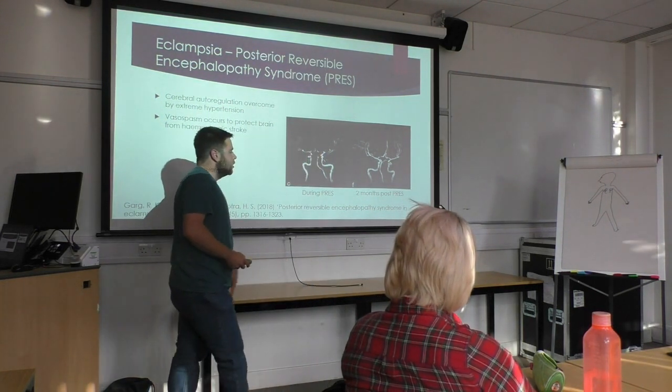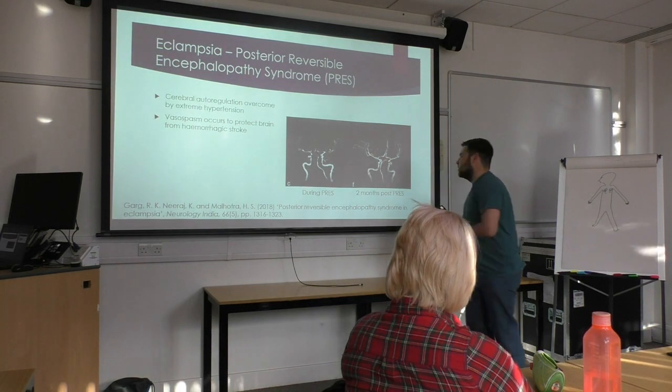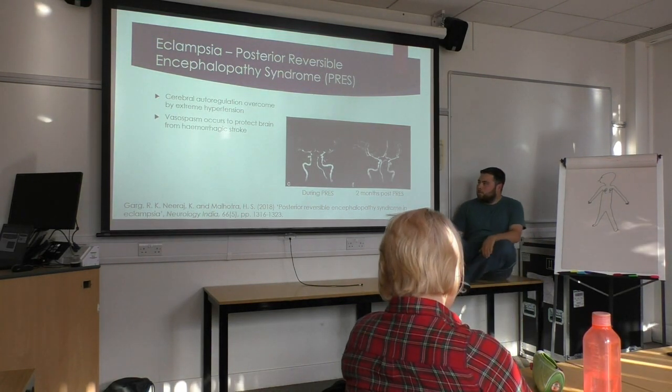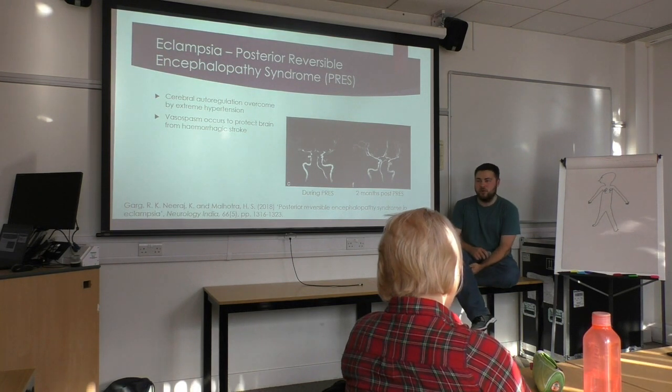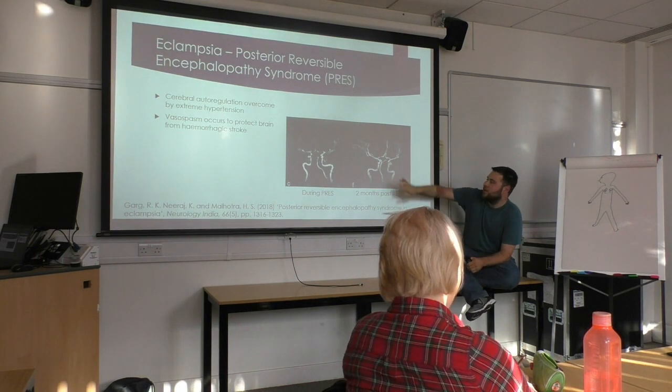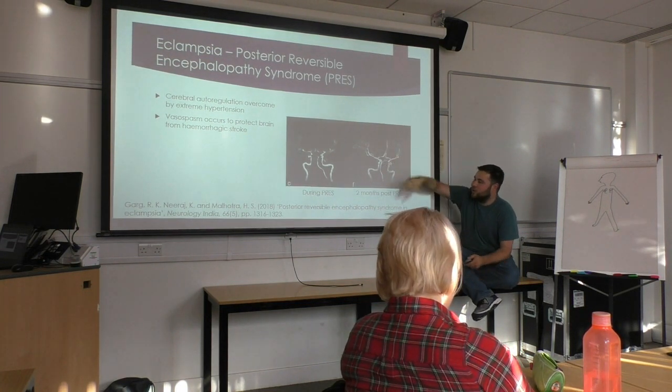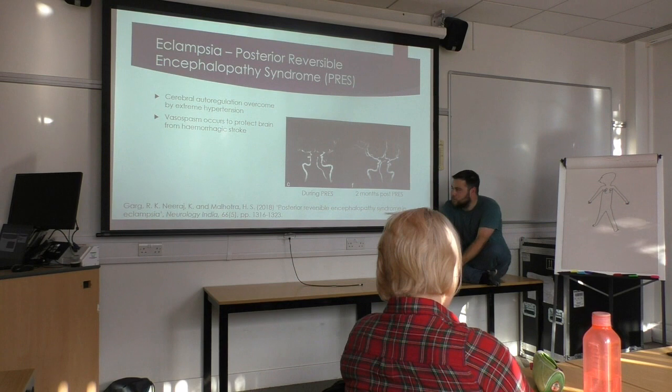So then this part is 2 months later, once they've fixed that clamping of the artery. They probably fixed it on the day, otherwise the person would be dead. But you've now got all of these vessels filled with blood, so like they should be.